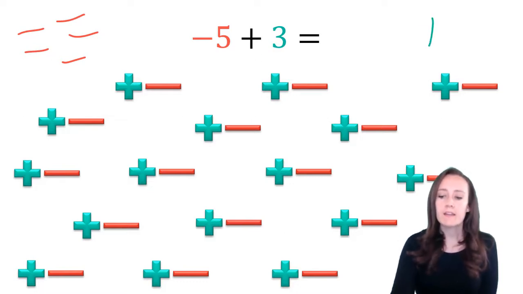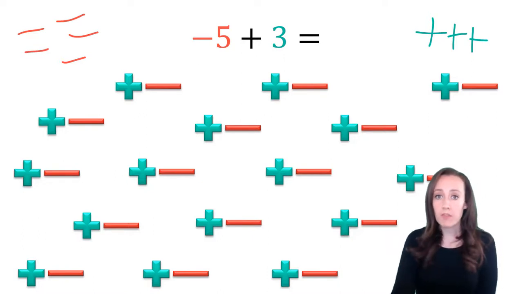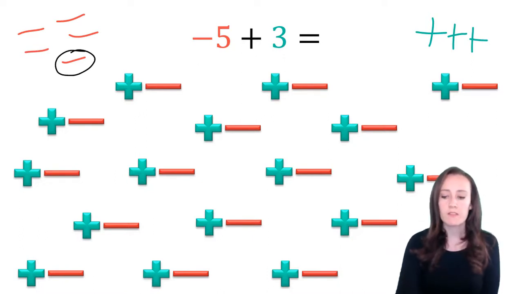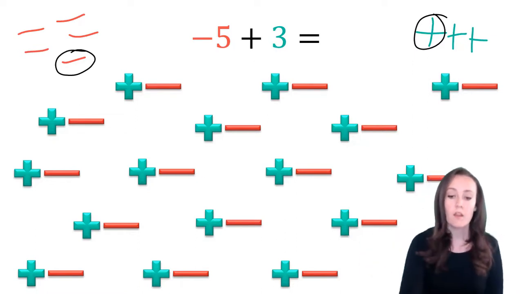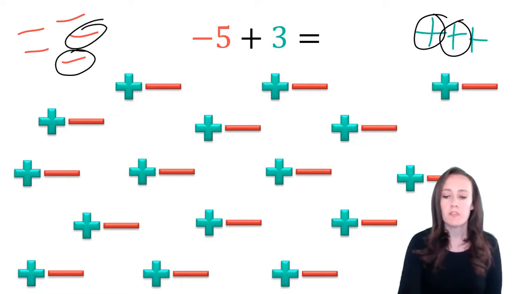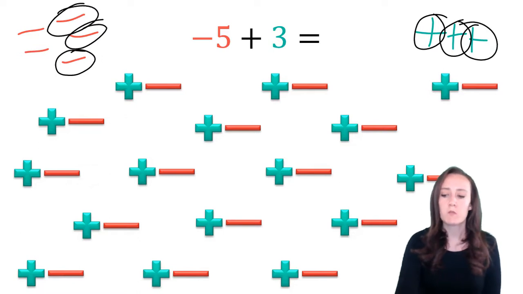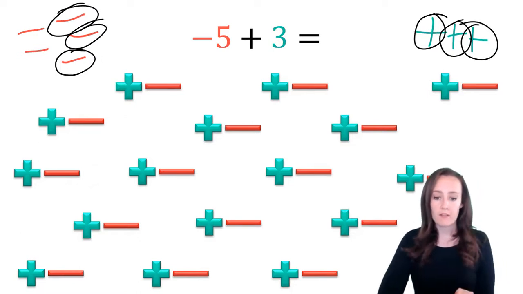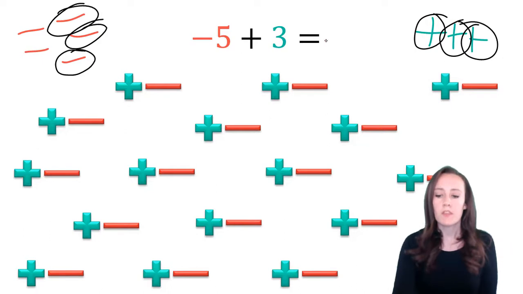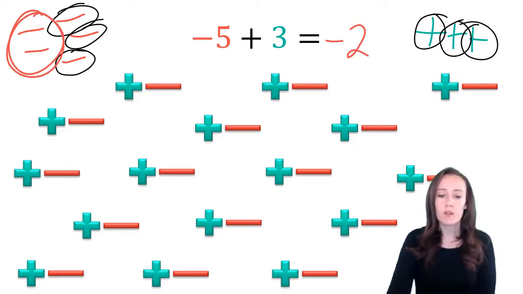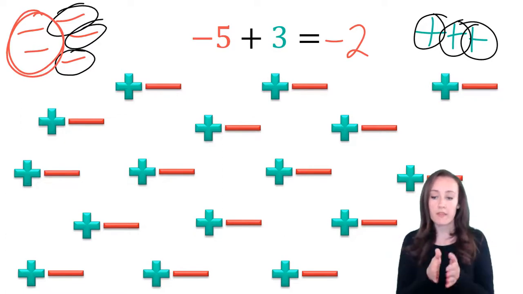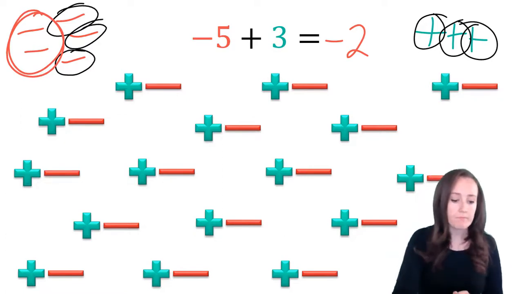And if I added in 3 more positrons, then some of these are going to cancel out because this electron could combine with this positron and they would neutralize each other. This electron could combine with this positron and this one with this one, and all of those would cancel out, leaving me with a -2 as my answer because there were 2 electrons that didn't get a pair, or they didn't partner off with a positron.